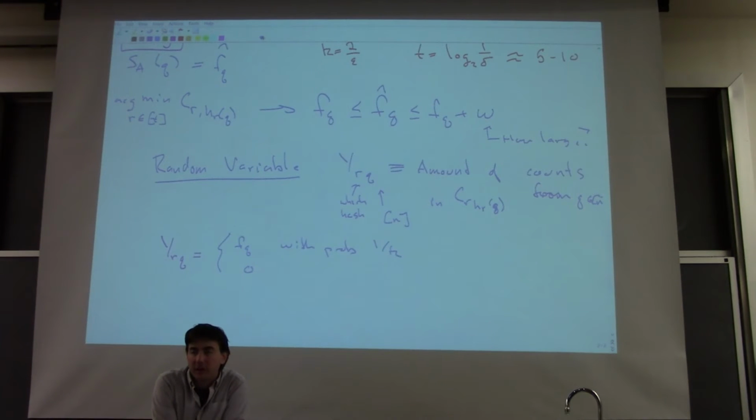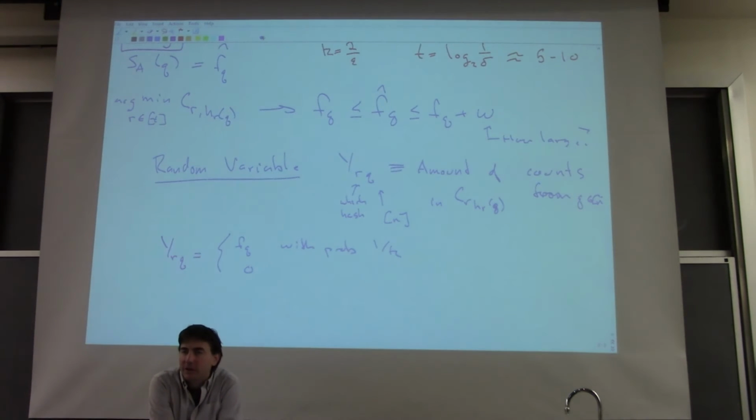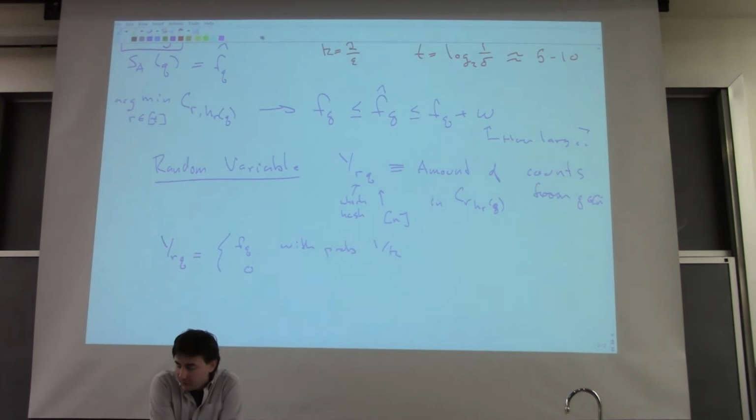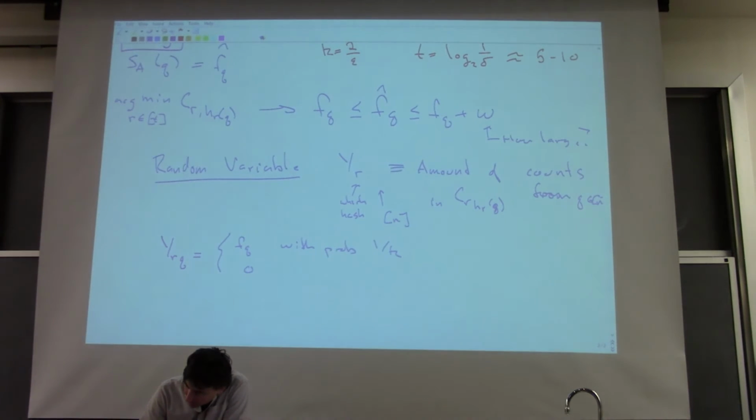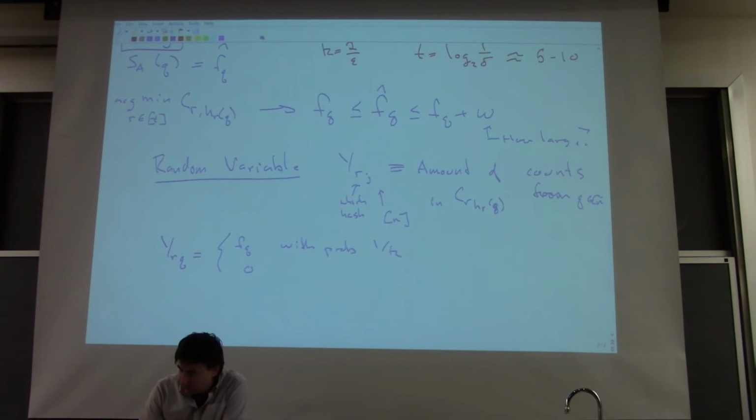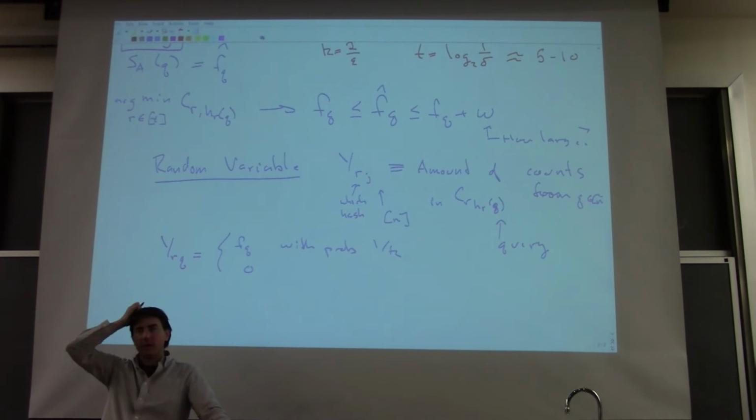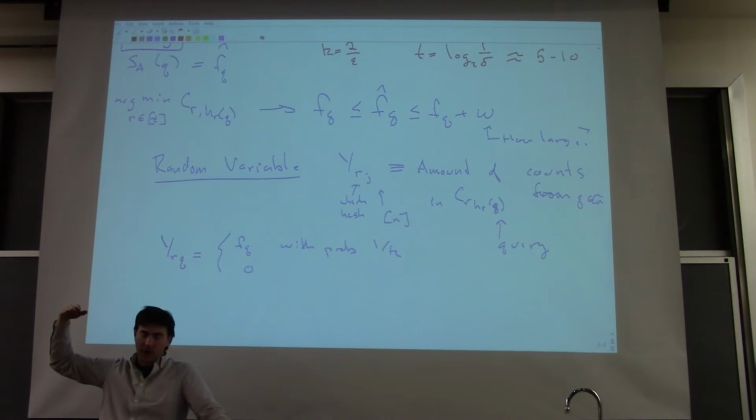If you look at all the elements that have value q, this Q is the query that I care about, so the particular counter that is affected by my query on the row r.